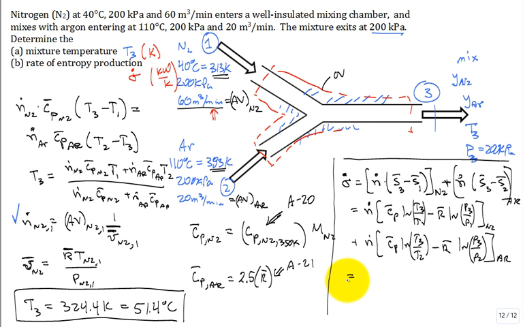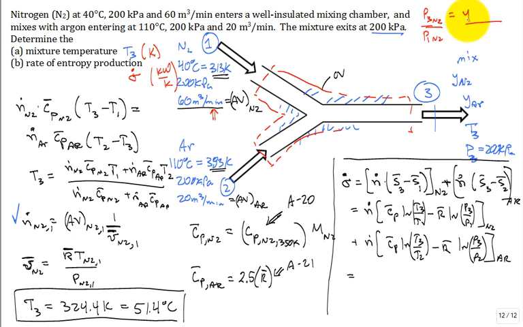I'm running out of board space, but what I'd like to do is just describe that the P3 divided by P1, okay, when I look at P3 and I divide by P1, and this is all for the nitrogen, right? What was P3 of the nitrogen coming out?